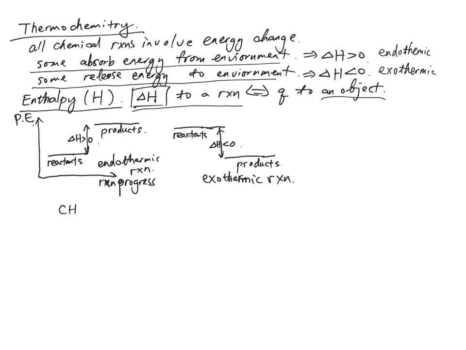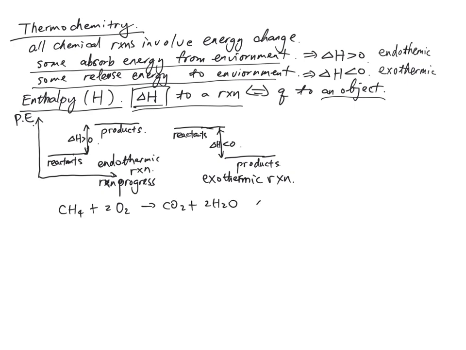burning of natural gas, methane, with oxygen gas produce carbon dioxide and water. Now, so we know this is the balanced chemical equation.